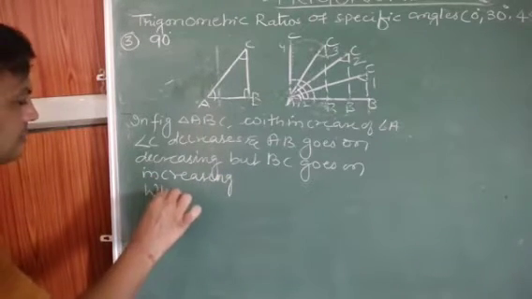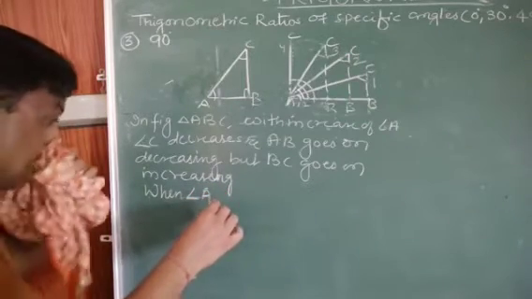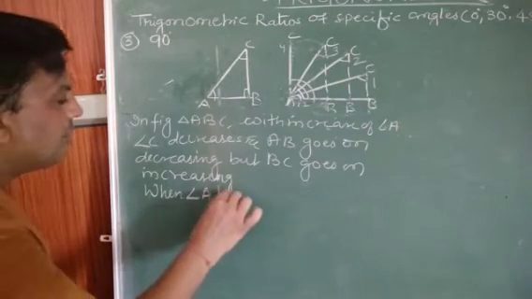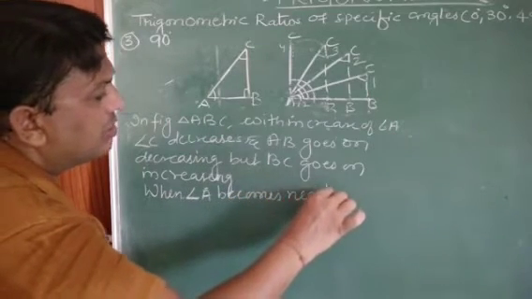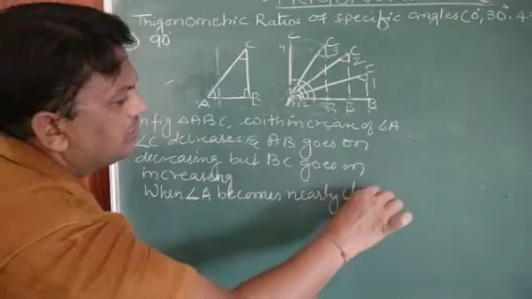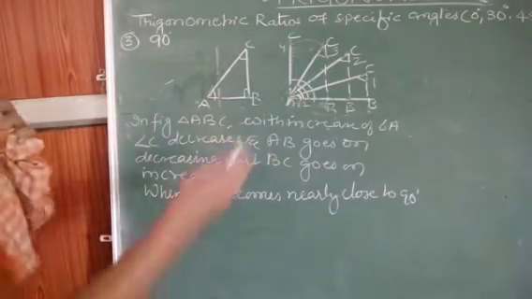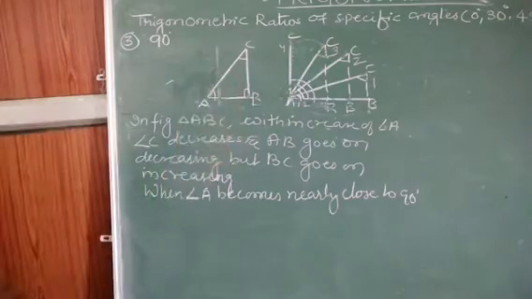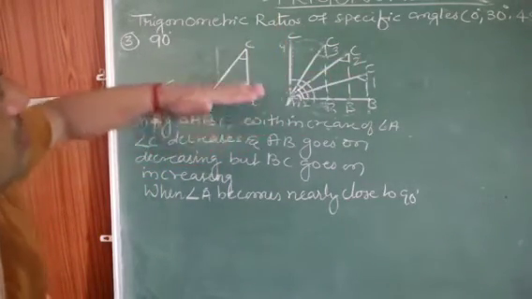When angle A becomes nearly close to 90 degrees, angle A becomes close to 90. Don't say exactly 90. If you say 90, what happens?